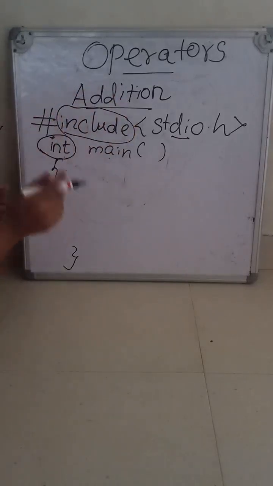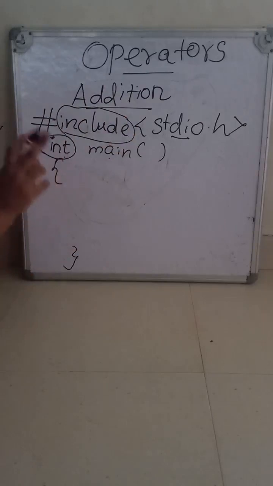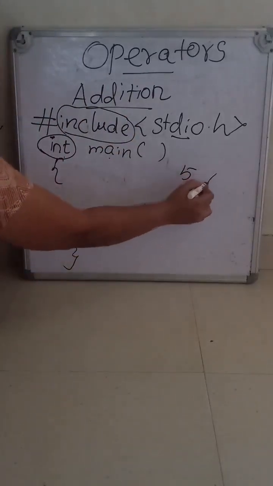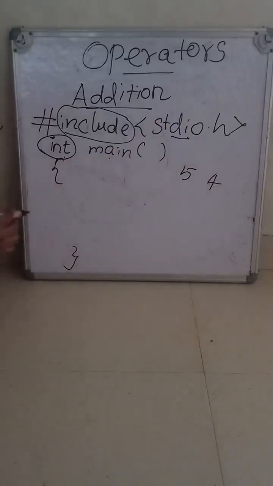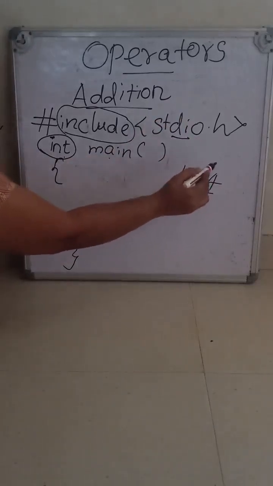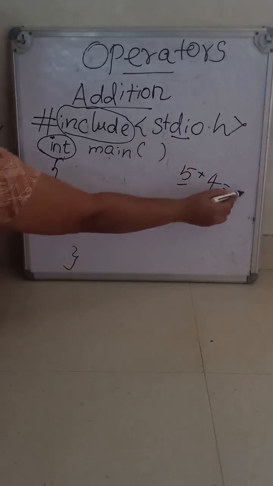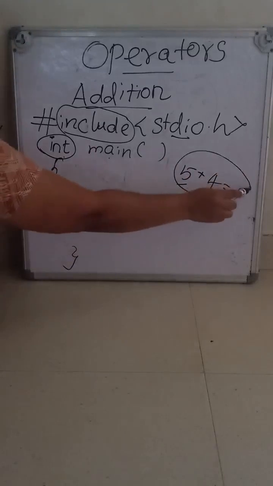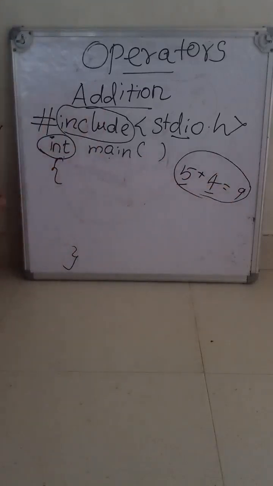If I am going to add two numbers, consider 5 as one number and 4 as another. I add the two numbers, 5 plus 4, then I will get 9, right? For this basic addition operation, now I am going to write the program.